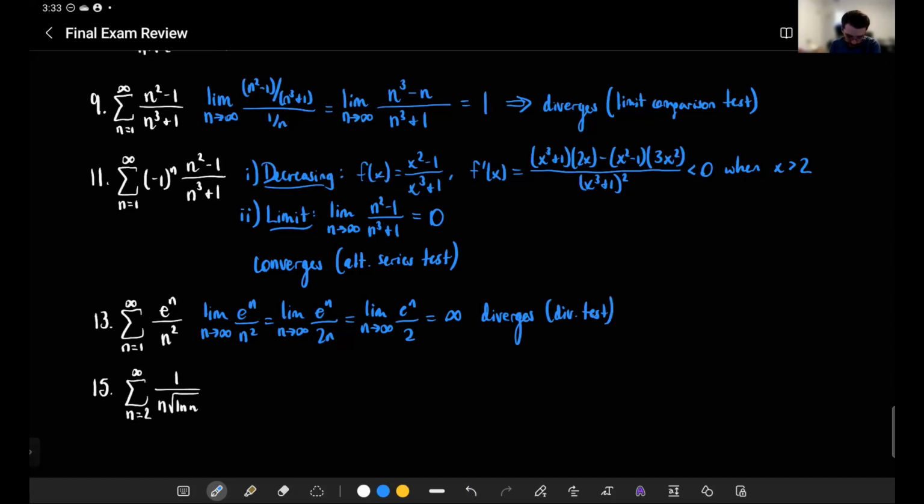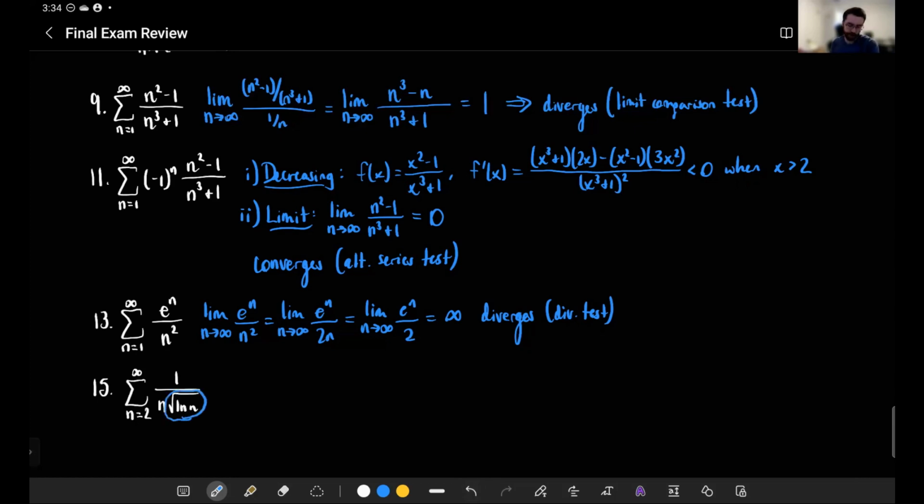And then 15 looks scary. 1 over n square root log n. The question is, is this term winning? Is the 1 over n, the harmonic component of this series, going to make the difference between converging and diverging?